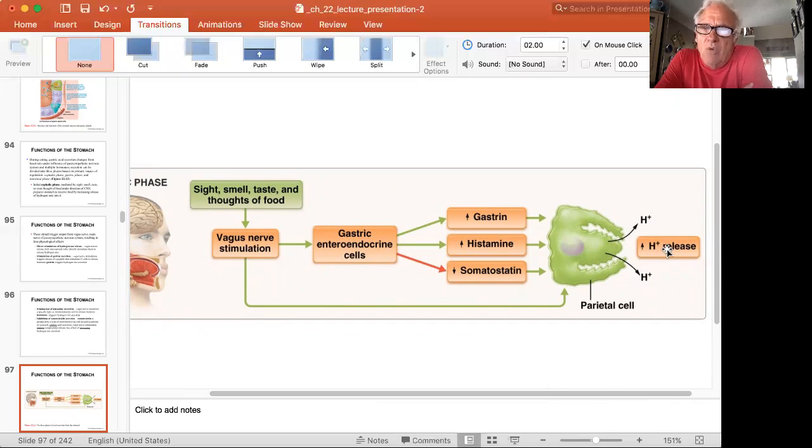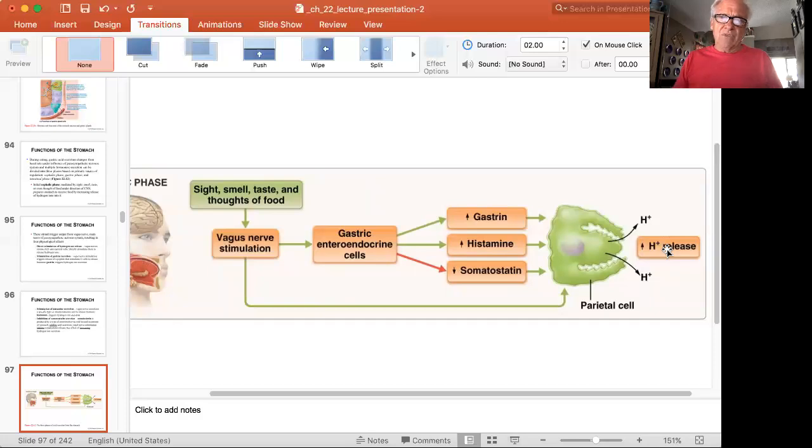So now we've changed the acidity. We've activated pepsinogen to pepsin. So now anytime a protein enters that stomach area, it can be broken down in that chyme. That's a cephalic phase. Again, thought, sight, smell activates the vagus nerve in the central nervous system. The vagus nerve on its long reflex down to the stomach area activates the enteroendocrine cells to release gastrin.